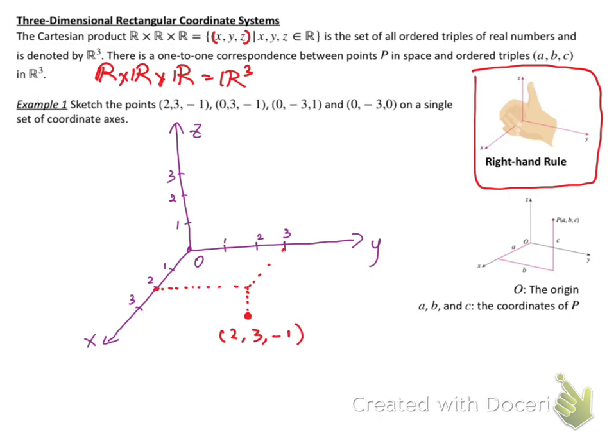The second point is 0. So I start here, 3, I get here. I go along y, I go to 3, then -1. So this time I go downward from here, also 1 unit. This is my 0, 3, -1. Now if you see I complete this, this will be like a box.